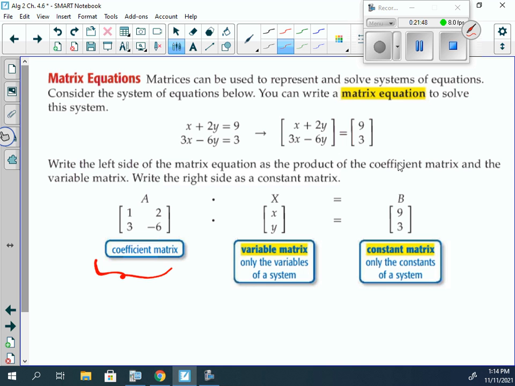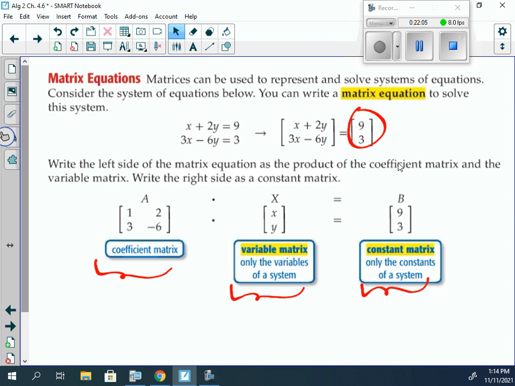And it's going to be multiplied by the variable matrix, which will be x, y. And we'll set it equal to b, the constant terms, what the equation is actually equal to. And then we will solve. Are there any questions on this so far? Okay.